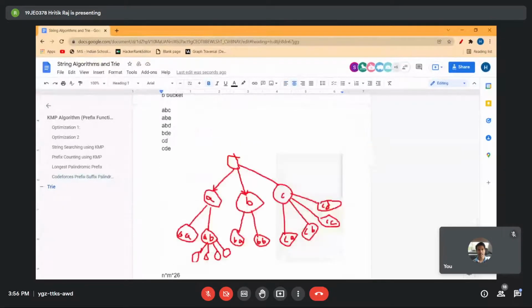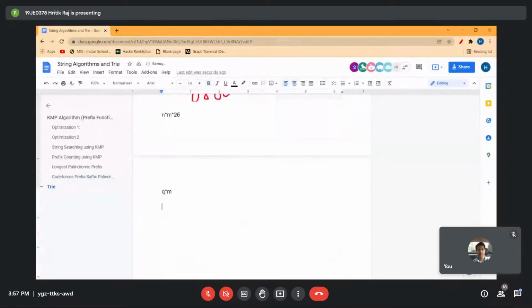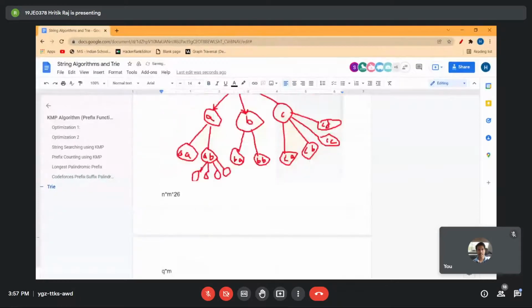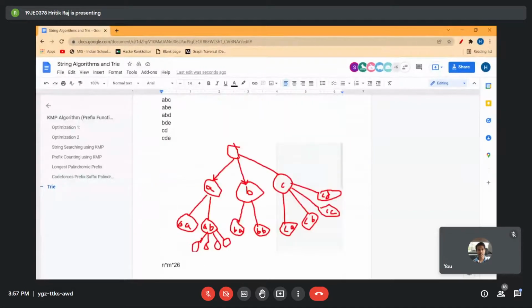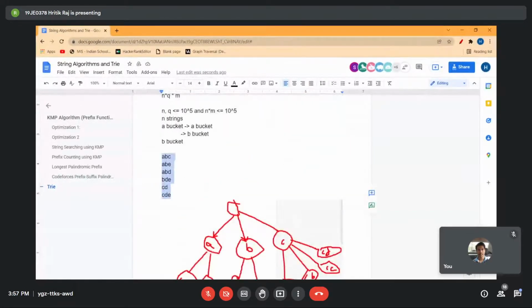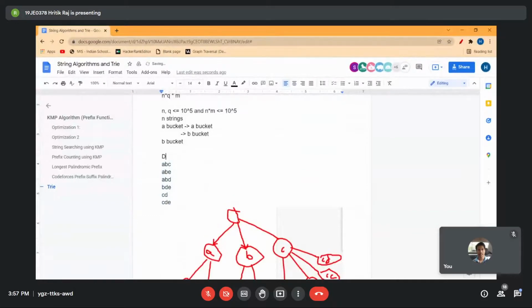So a trie is nothing but a tree-like structure in which every node represents a prefix of the strings present in the database. Like we are considering all these elements as the database.